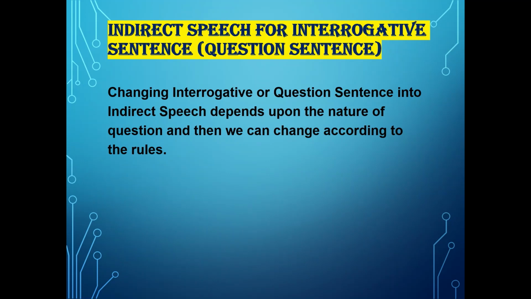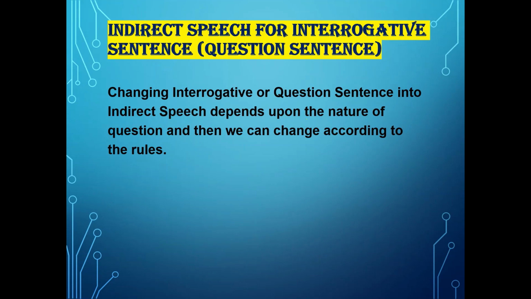Indirect speech for interrogative sentence or question sentence. Changing interrogative or question sentence into indirect speech depends upon the nature of question, and then we can change according to the rules. It means that when we change interrogative or question sentence into indirect speech or reported speech, it mainly depends upon the nature of question.